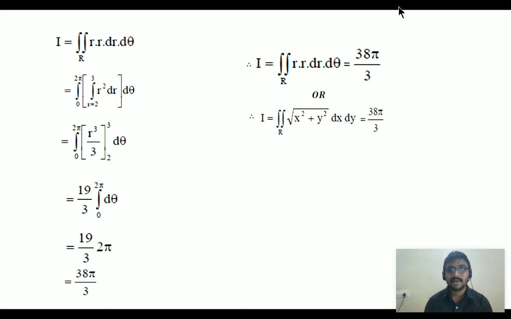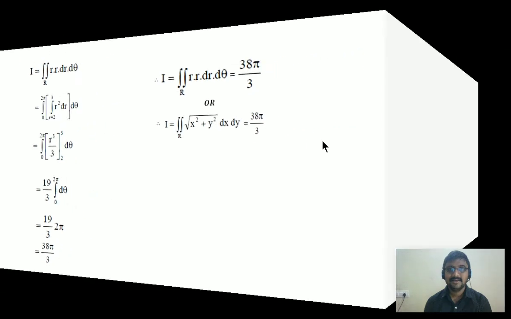So polar coordinates or Cartesian system, the answer is the same. If we evaluate it directly in the Cartesian system, then also we will get the same result, 38 pi by 3.